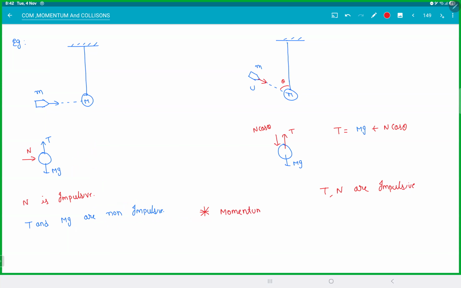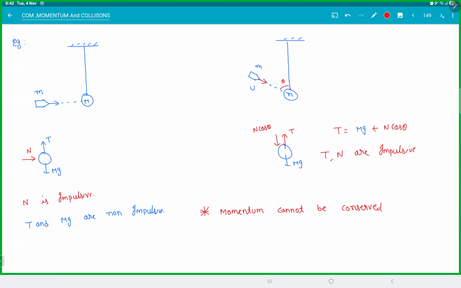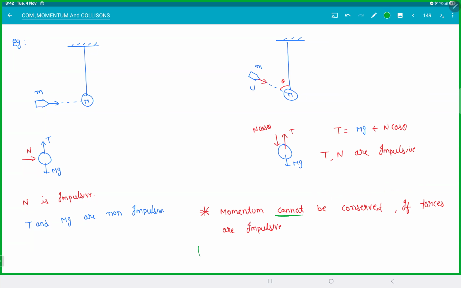So momentum cannot be conserved if forces are impulsive, because even though the time of action is small, since the forces are large, they do create a finite change in momentum. If non-impulsive forces are present, theoretically even then you can't conserve exactly.